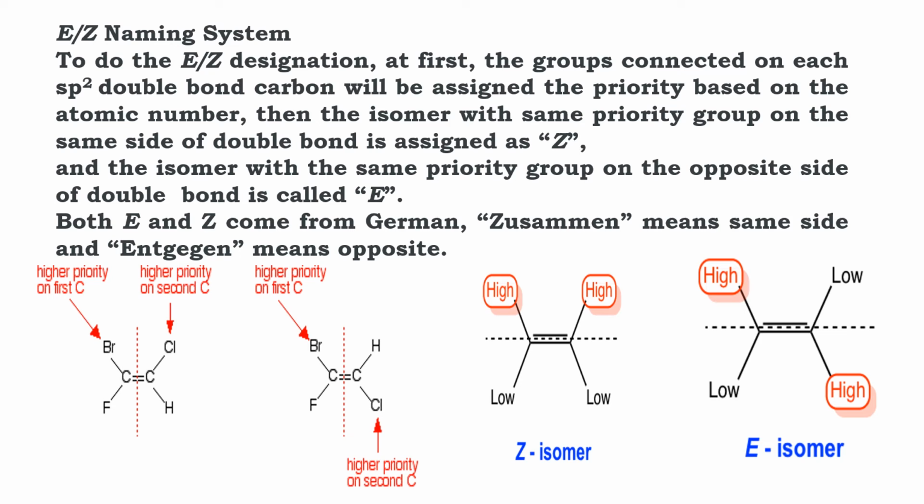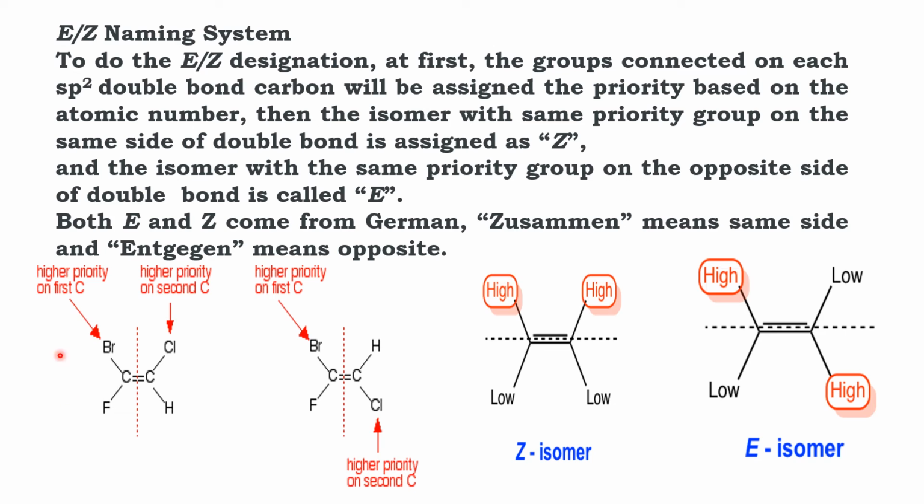To identify the E and Z isomer, we have to consider the corresponding carbon atoms around the double bond. For example, see here, I have a double bonded compound with four atoms attached to the carbon-carbon double bond. One is bromine, another is chlorine, another is fluorine, and the fourth one is hydrogen.